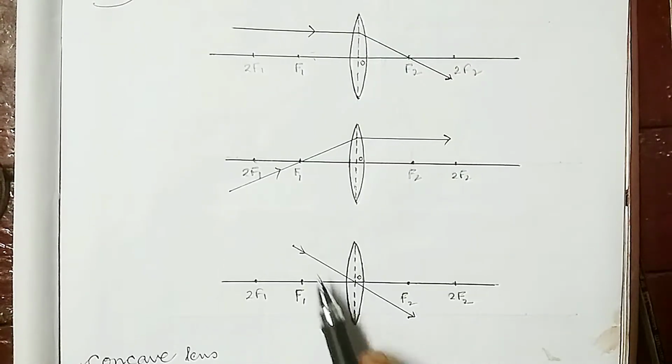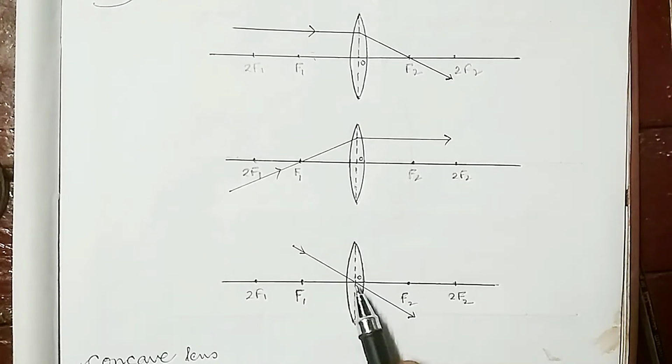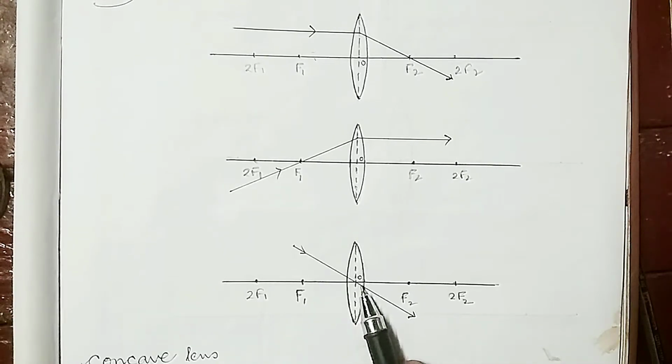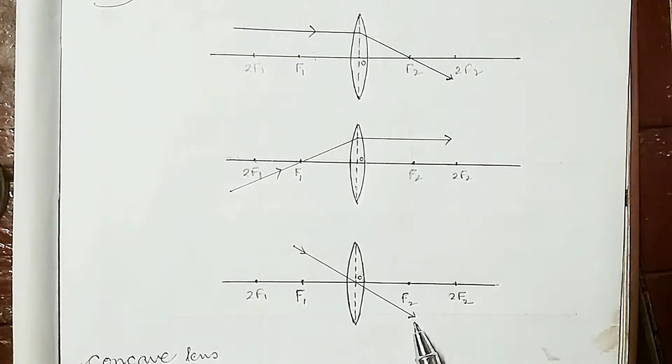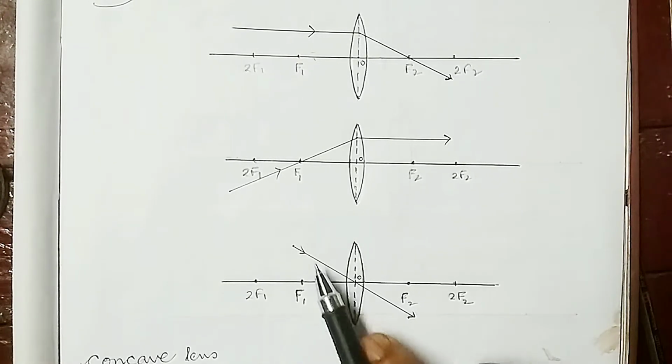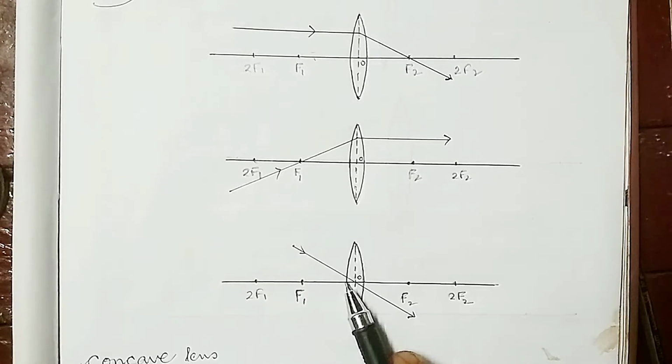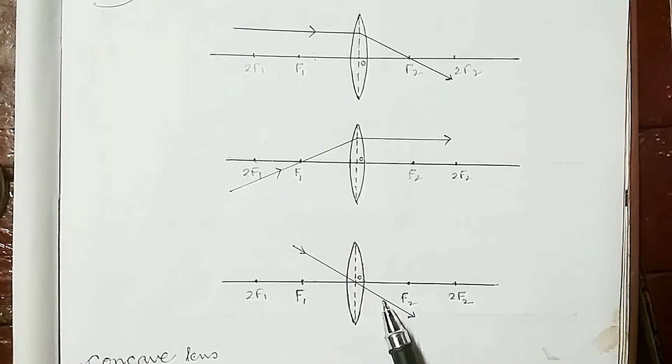In the third case, any ray of light which passes through the optical center does not suffer any refraction and goes straight. That means it passes through the lens without any deviation.